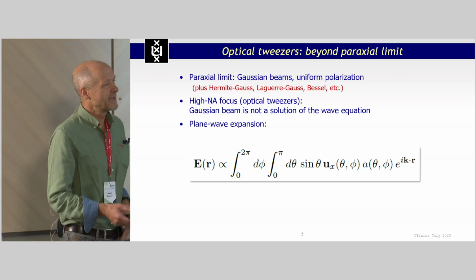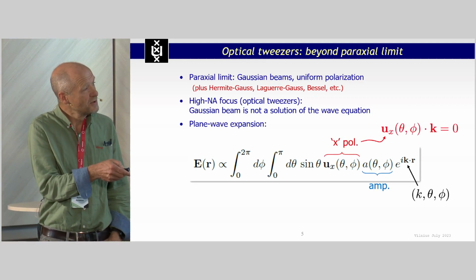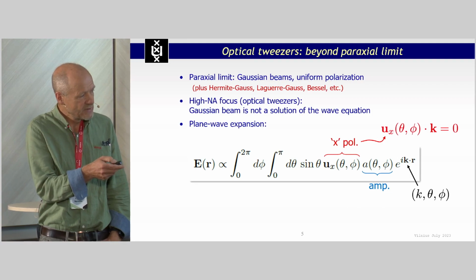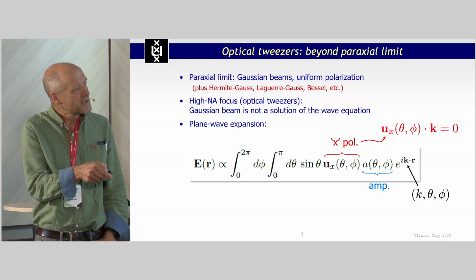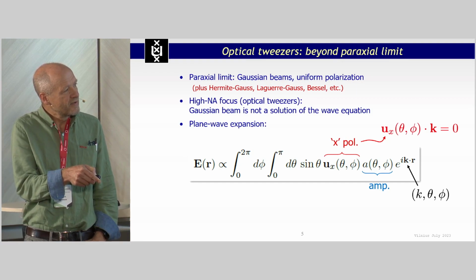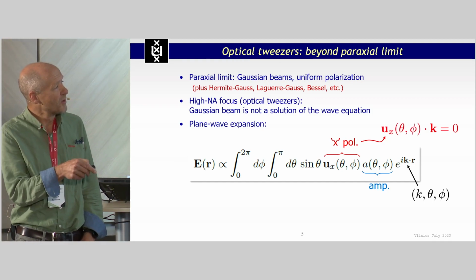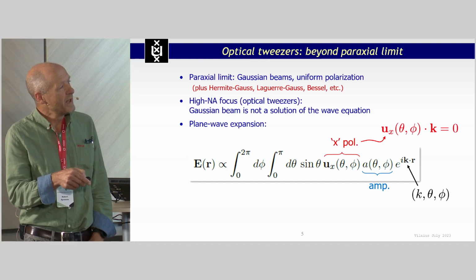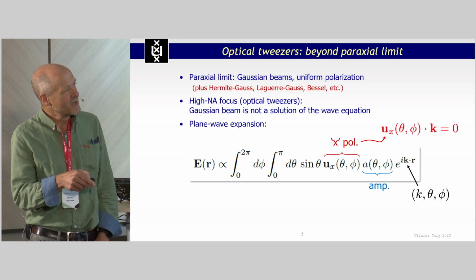You can always do that, of course, because plane waves are proper solutions of the wave equation. Here's the plane wave. It has a direction k in a direction theta, phi, and now we do an integral over all angles theta, phi with some amplitude function, and of course it must have some polarization.